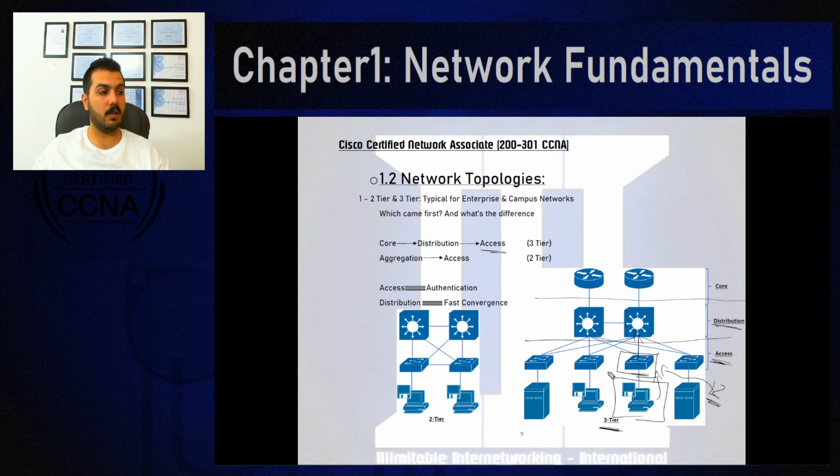As you can see, devices are getting fewer. So 10 up to like 48 PCs can be connected to a single switch. Multiple switches can be connected to a single aggregation device, and it's not clear in this topology, but you can connect multiple distribution devices to a single core.